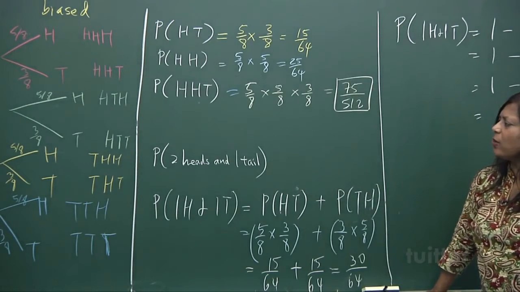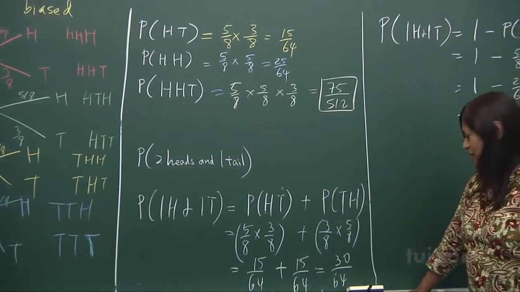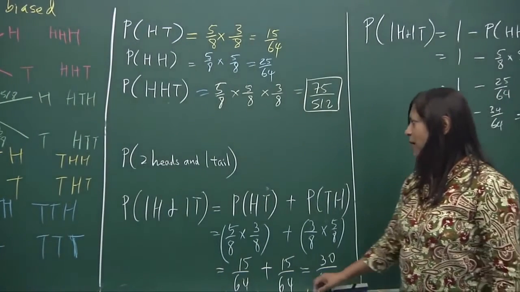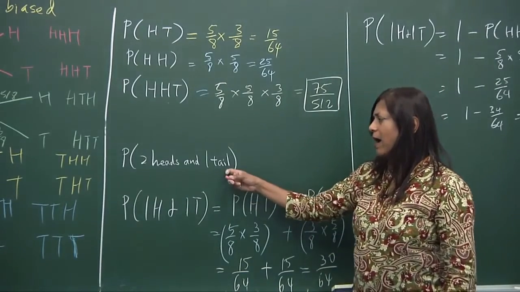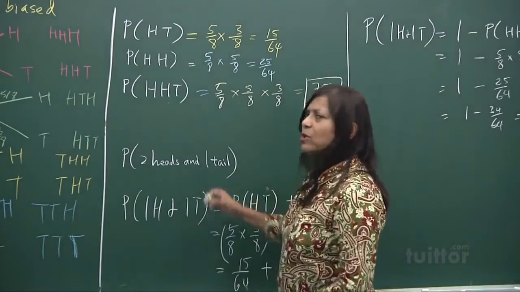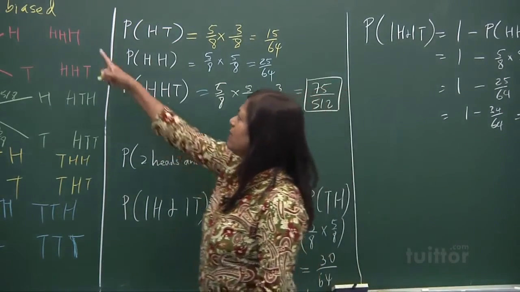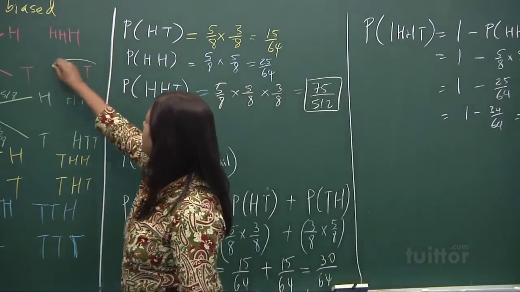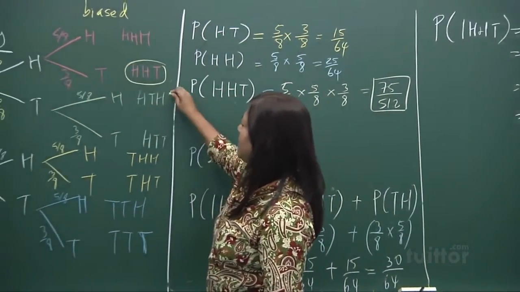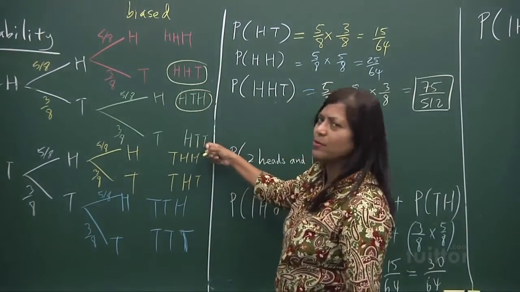Now, if we look at 2 heads and 1 tail, it is different. When you look at 2 heads and 1 tail, what does it look for? Look at the details. You want 2 heads and 1 tail from 3 throws. Here is 3 heads. Here is 2 heads and 1 tail. Here is 2 heads and 1 tail. Here's 1 head and 2 tails.